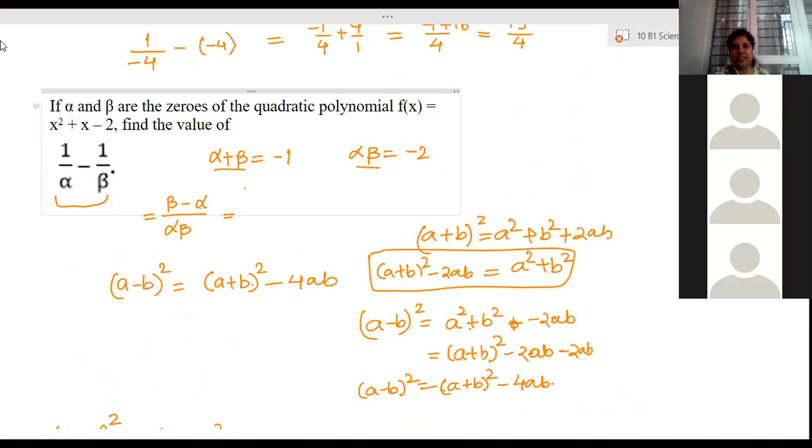Here in this case, they have given the polynomial x square plus x minus 2, which you are able to factorize. But in other questions, there are possibilities that you will get a polynomial which cannot be factorized. In that case, we have to use this method.